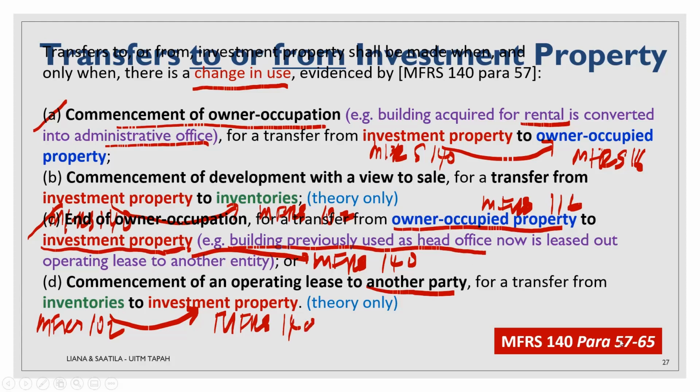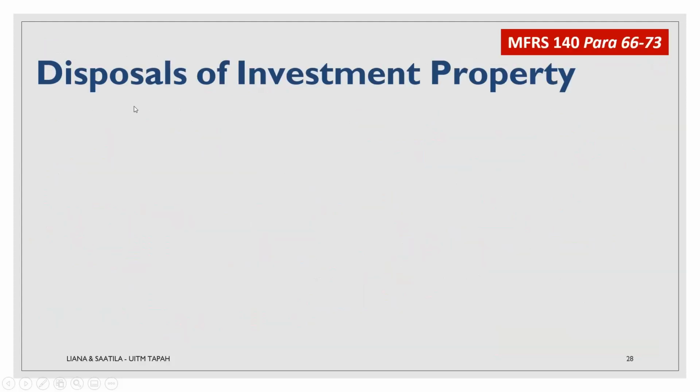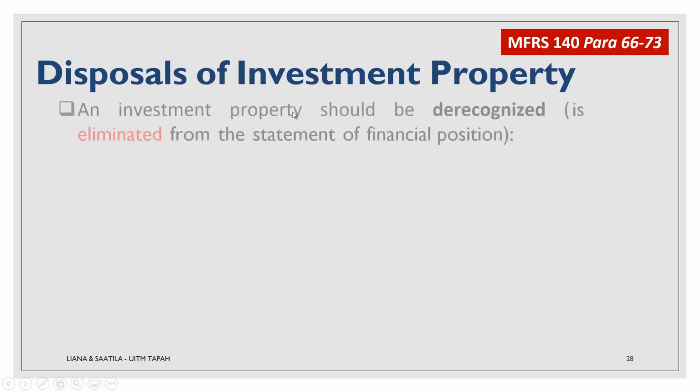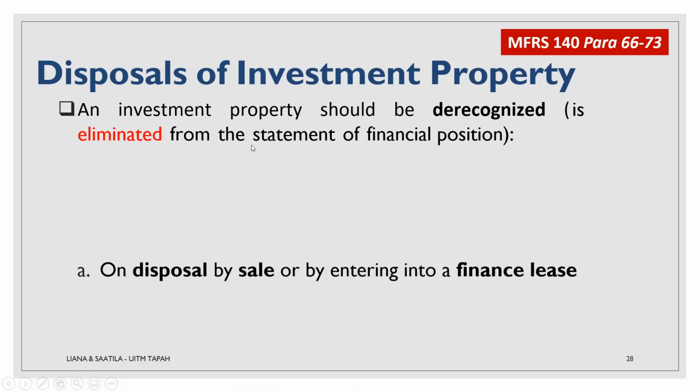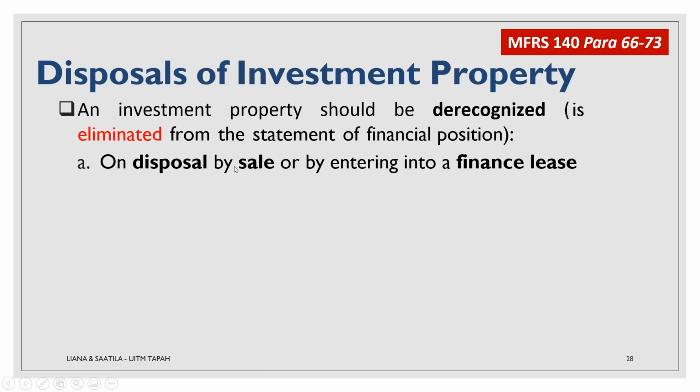So details are provided by paragraphs 57 to 65. Disposal of investment property. Under disposal, investment property should be derecognized. This is very similar to MFRS 116 as well, where you are going to eliminate your investment property from the statement of financial position on disposal or by sale of the asset, and when you enter into a finance lease.